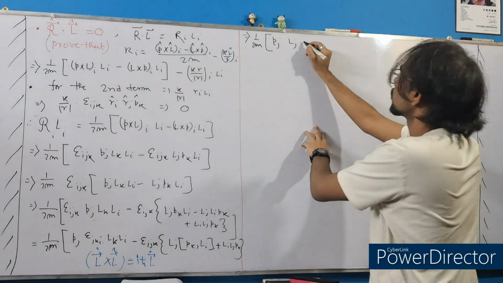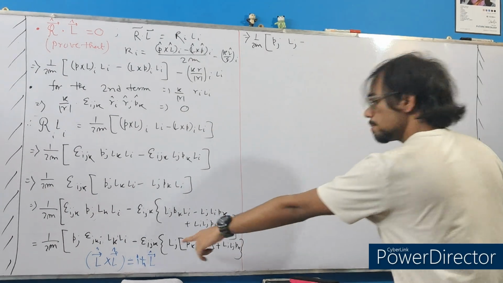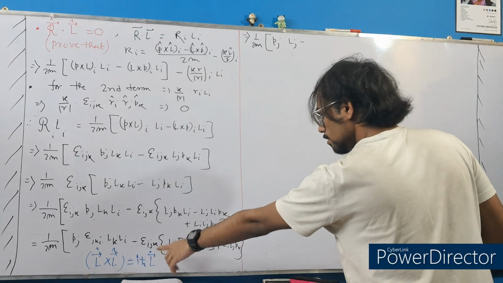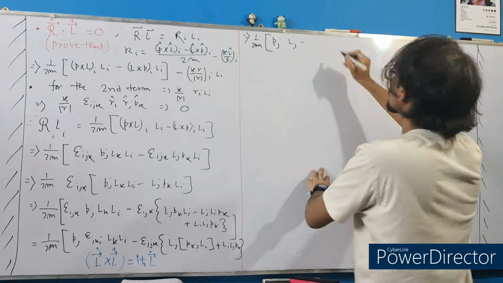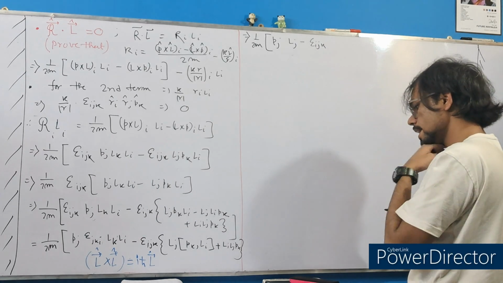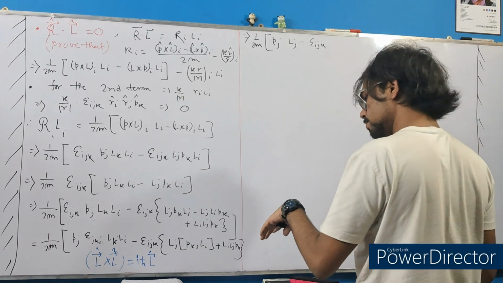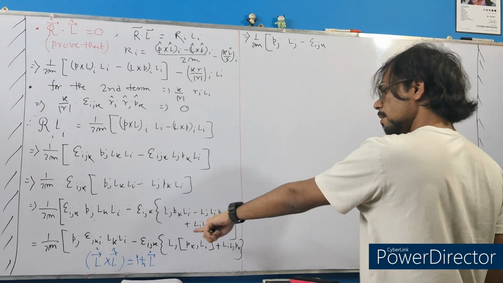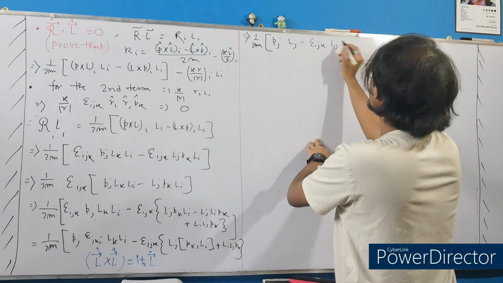Now minus epsilon ijk, you can take that inside, epsilon ijk, and lj.